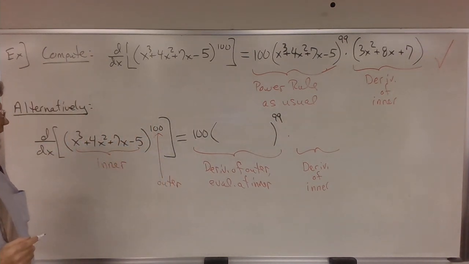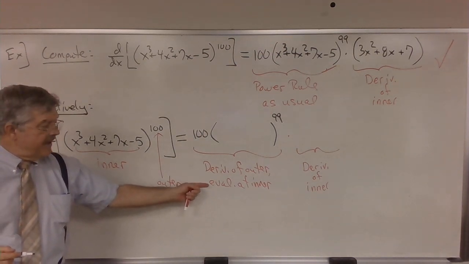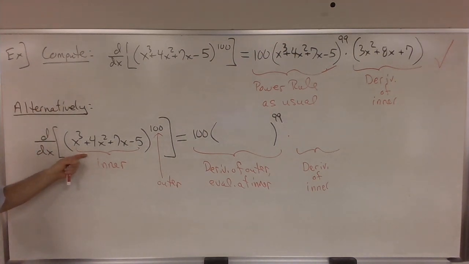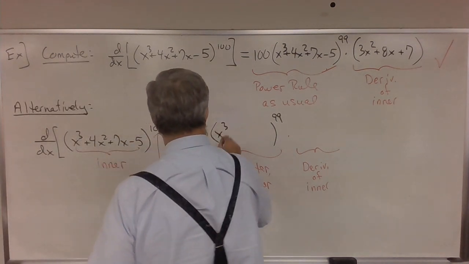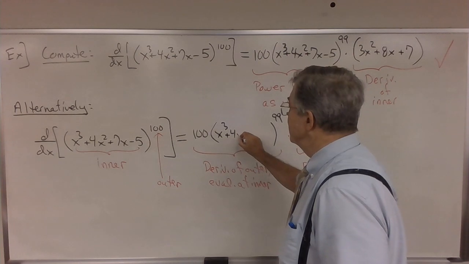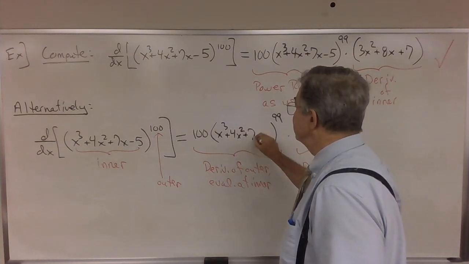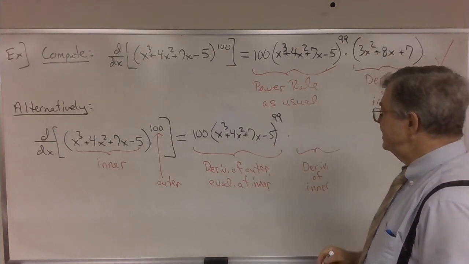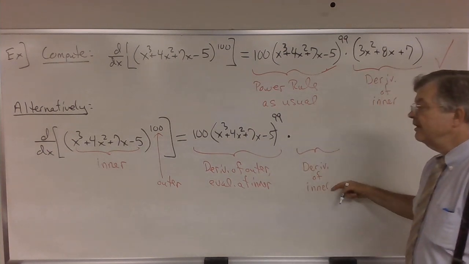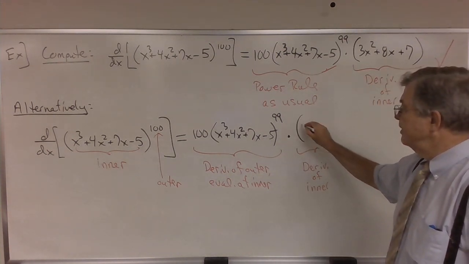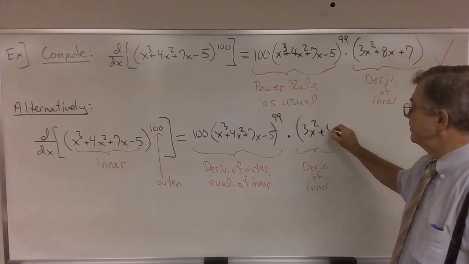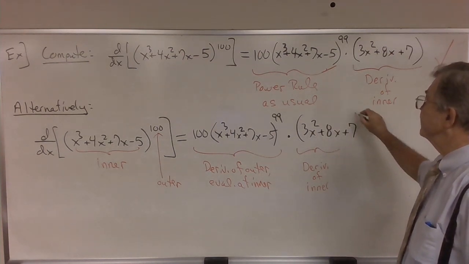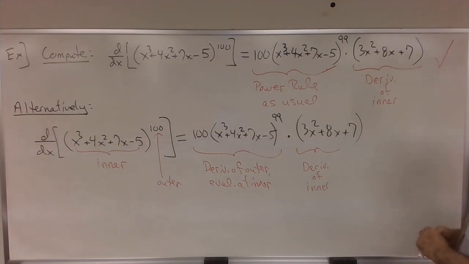That's the derivative of the outer function. And then we have to evaluate it at the inner function, this polynomial, x cubed plus 4x squared plus 7x minus 5. So we plug in the inner function, x cubed plus 4x squared plus 7x minus 5. So derivative of the outer evaluated at the inner times derivative of the inner function, 3x squared plus 8x plus 7. Bingo.